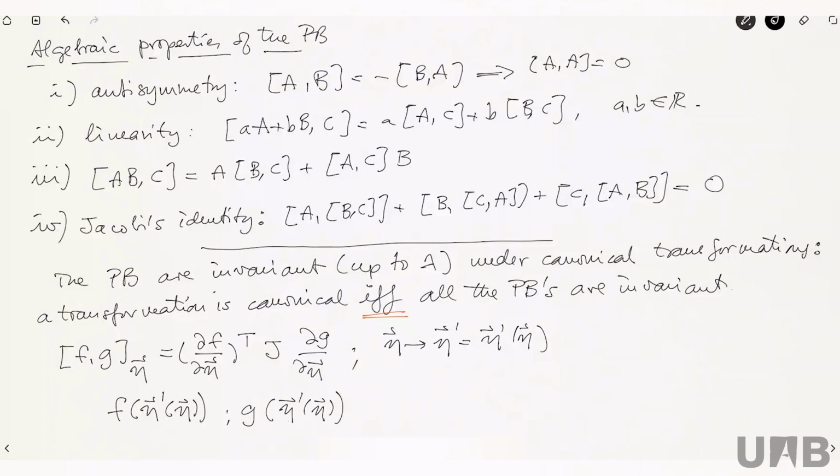And so we want to know whether the Poisson brackets are the same with respect to eta or with respect to eta prime. So that's the question, right? Is the Poisson bracket of f and g with respect to eta the same as the Poisson bracket of f and g with respect to eta prime? Yes or no? Okay, so let's try to see this.